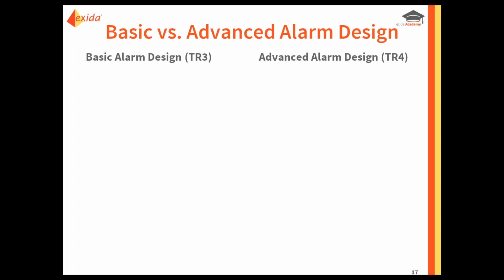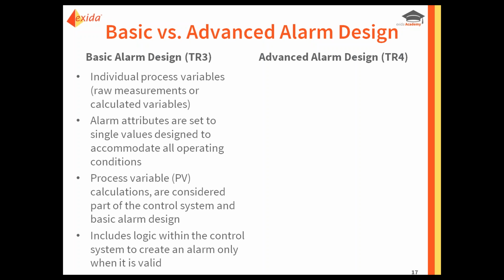One possible point of confusion would be, what is the difference between basic and advanced alarm design, and when do you follow the guidance of one technical report versus the other? In a nutshell, basic alarm design relates to looking at individual process variables. Could be raw measurements, could be calculated variables, but it's typically related to a single process variable.